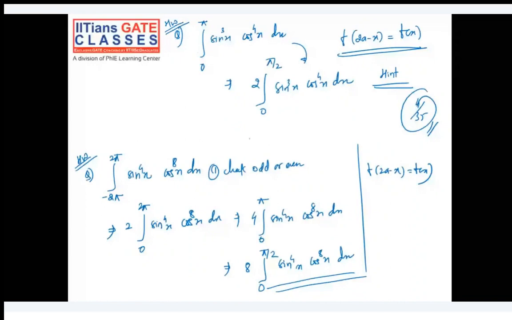I have given you some homework questions also, so you can think on it. Okay, rather than directly looking into how I'm solving, you have to try on your own. Okay, then you will get idea how we can implement the properties and solve these questions. For homework questions, I hope I have given you enough hint to solve them. Still, if you are finding it difficult, feel free to reach out to me. Okay.